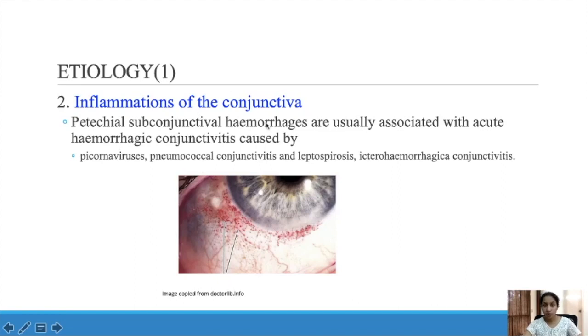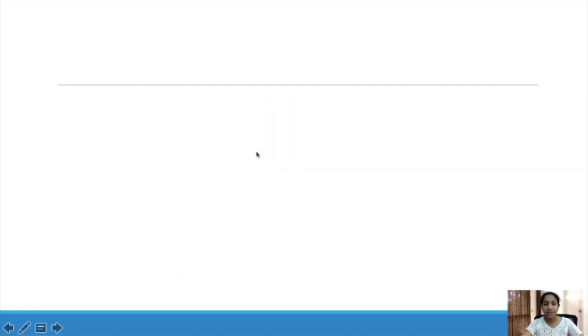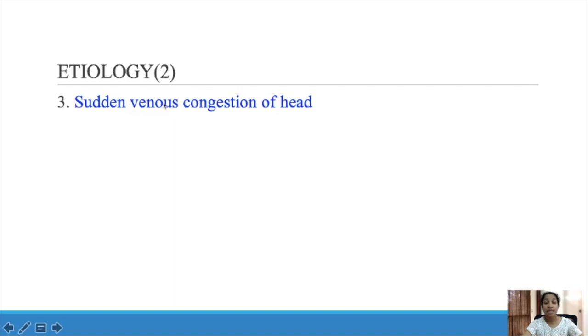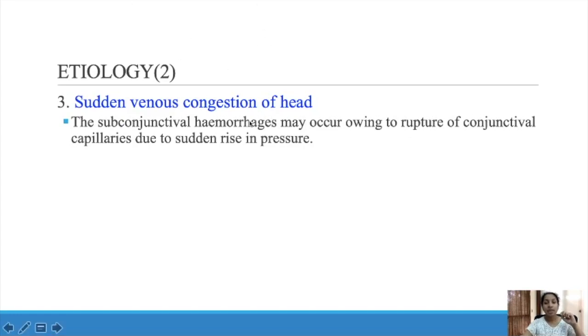So the first one was trauma, the second one was inflammation of the conjunctiva, that means conjunctivitis. Next, the third one is sudden venous congestion of the head. It mainly occurs due to rupture of conjunctival capillaries due to a sudden rise in pressure.